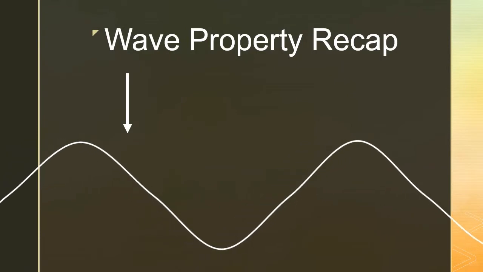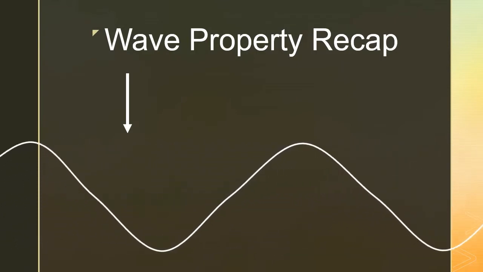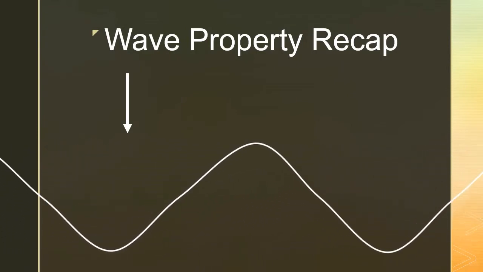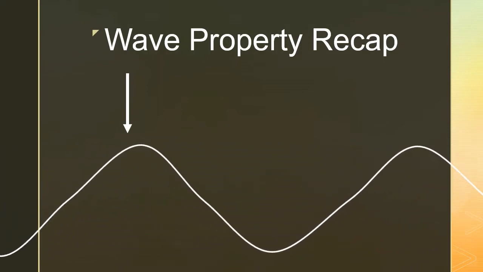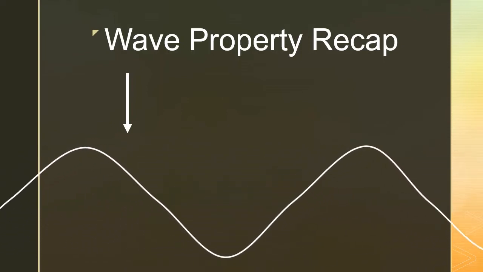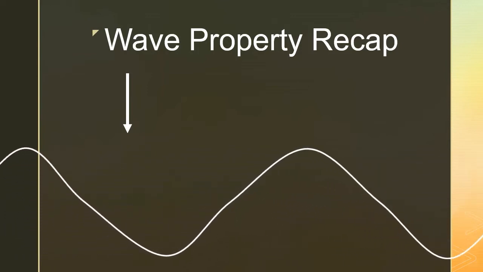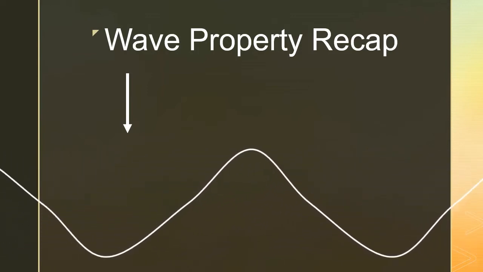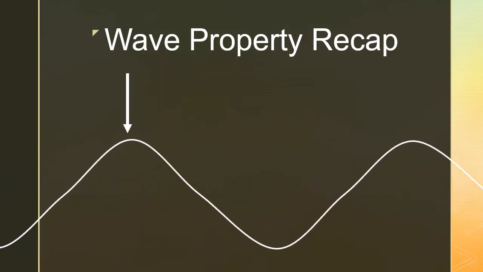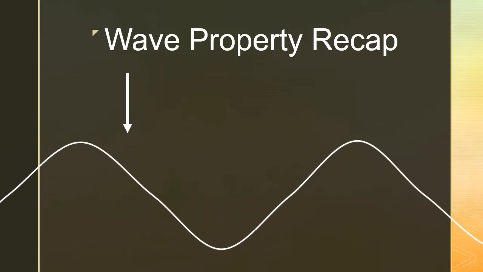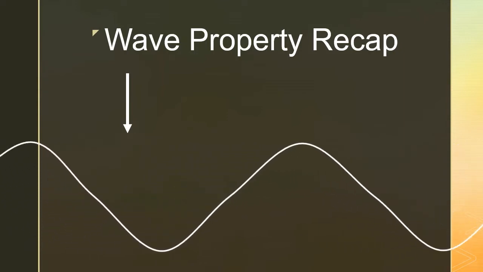So we've just discussed how we can think about frequency as the number of complete oscillations per second, but we can't always see the particles oscillating. In most cases, we're going to see a wave moving along like that shown here. So how do we get the frequency of a wave like this? Well, we can think about frequency also as the number of waves that pass a given point per second.